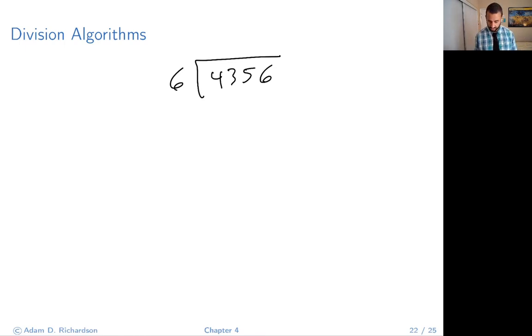Oh, 36. Okay, so 36. 6 times 6 is 36. So I'll write 6, 36. Okay, and then what is 43 minus 36? That's 7, 75. Okay, how many times does 6 go into 75? 60, 66. Oh, 11 times. It goes in 11 times.